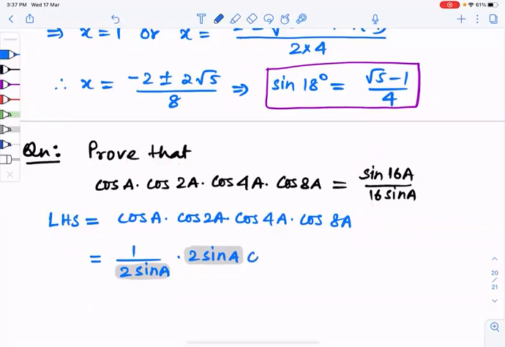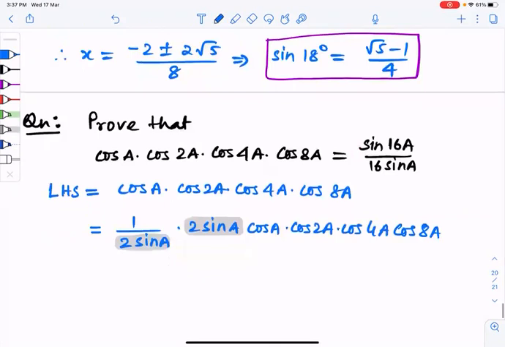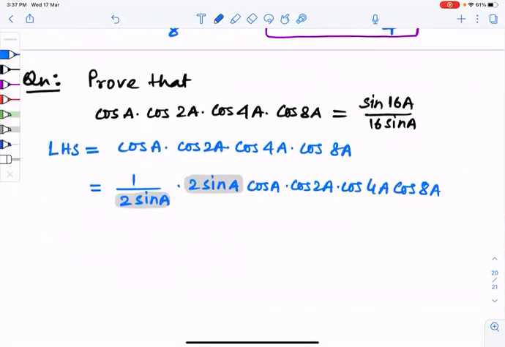I have a cos A with this. I have a cos 2A, cos 4A and cos 8A. Now if you look at this, 2 sine A cos A, if I combine them, that is a formula which we already know. 2 sine A cos A is nothing but sine 2A.